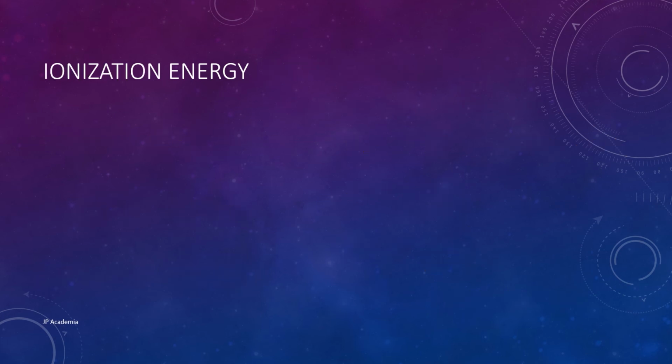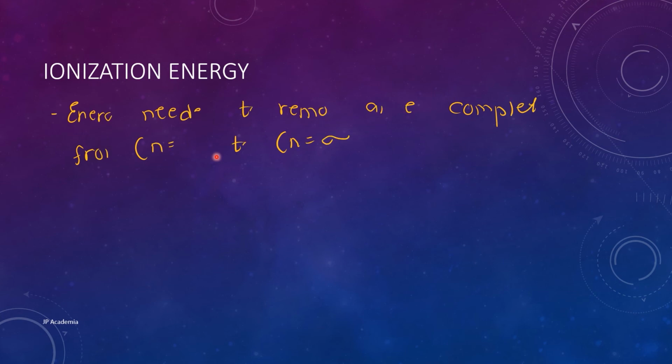So next we define ionization energy, which is just the energy we need to remove the electron completely from its orbital shell. For the case of the hydrogen atom, it is the transition from the ground level n equal to 1 to an infinitely large orbit radius, n equal to infinity.